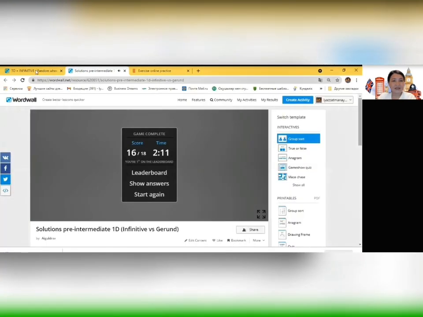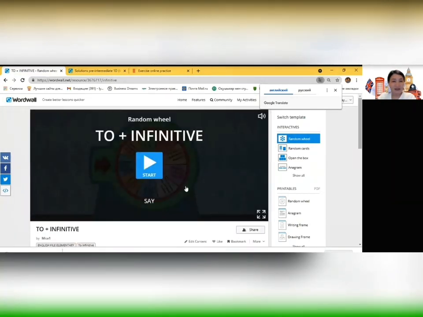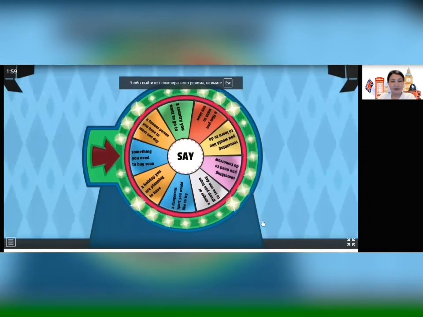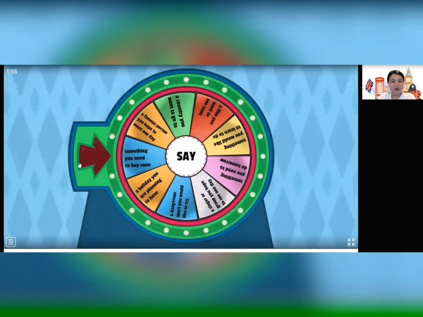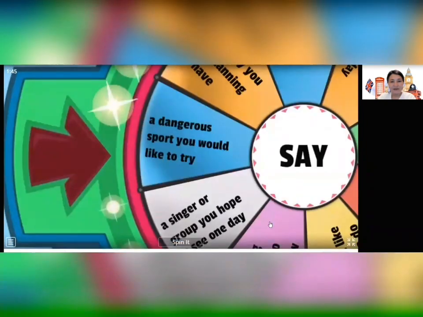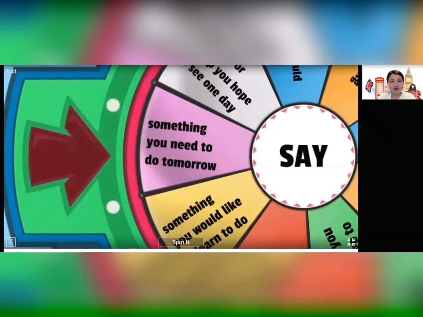Okay, now the next task is a speaking task. Let's have some speaking, guys. Here we have a random wheel. Let's spin this wheel, drag the wheel to spin, and then we have to talk on this. For example, say something you need to do tomorrow.